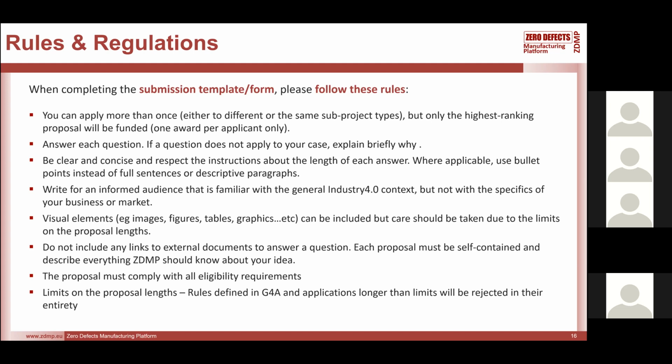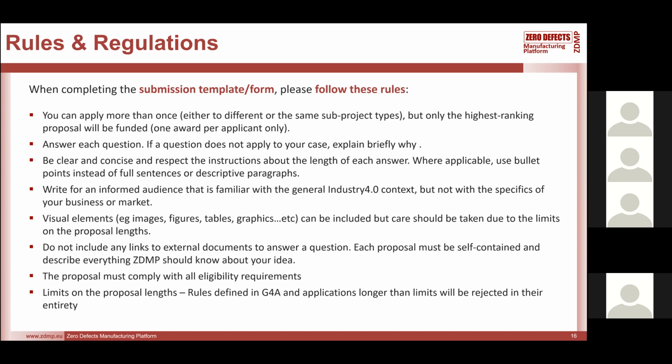In the proposal template, please answer each question in the template. If you think a question does not apply to you, that's fine, no problem. Just explain why it doesn't apply to you. If you just put an NA there, that doesn't help us to understand very much. So a short explanation will be very useful. Be clear and concise, and be very careful to respect the instructions about the length of each answer. You're welcome to use bullet points instead of full sentences if that helps in certain places, but be careful and don't make it all just bullet points.